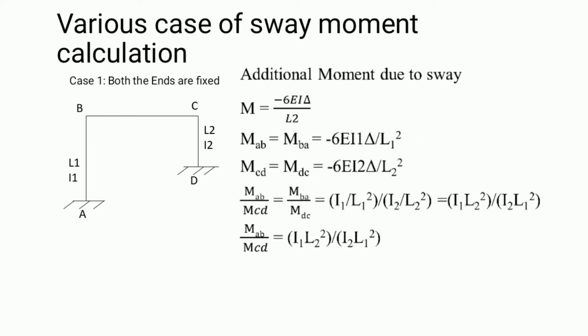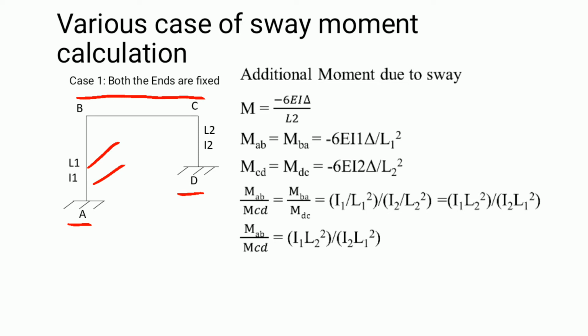The first case is when both the ends are fixed. I just consider this portal frame A, B, C, D, wherein A and D are the fixed ends. AB is the column which has length L1 and moment of inertia I1.